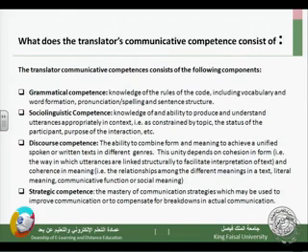Now, a third one, discourse competence. Discourse competence is the ability to combine form and meaning to achieve a unified spoken or written text in different genres.